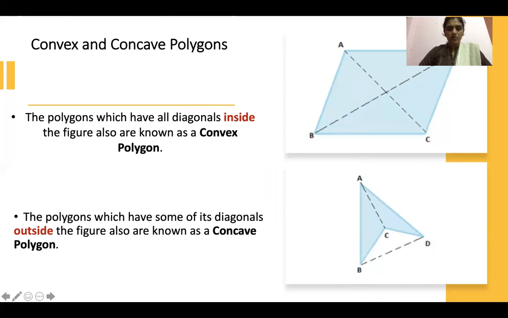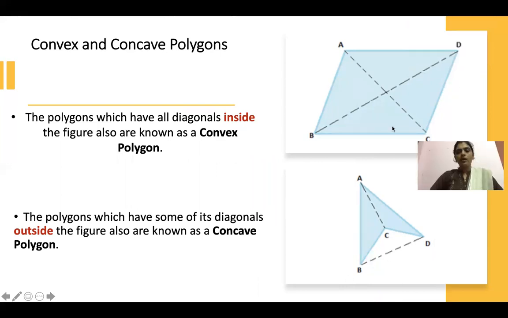So if we talk about angles, in convex polygon all the interior angles are less than 180. But if we observe the interior angles of this figure, here we have this angle greater than 180. So if any angle is greater than 180 in any polygon, then that polygon is also called concave polygon.